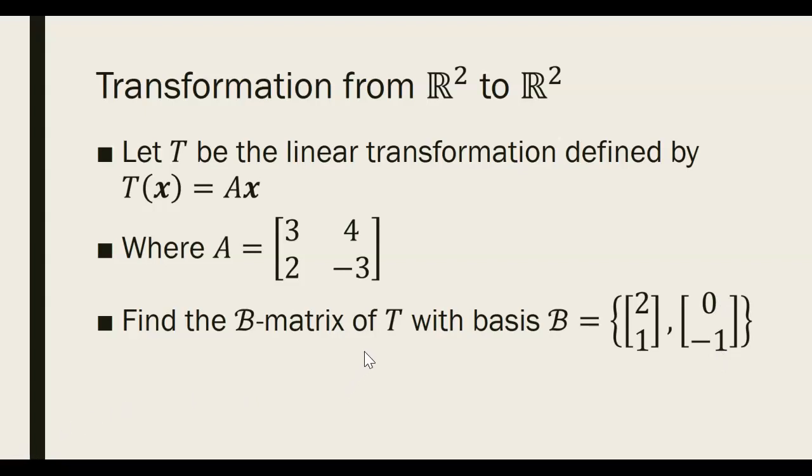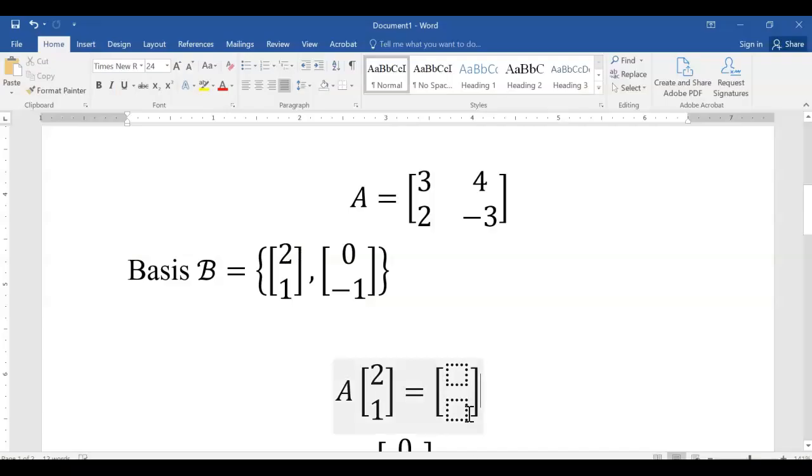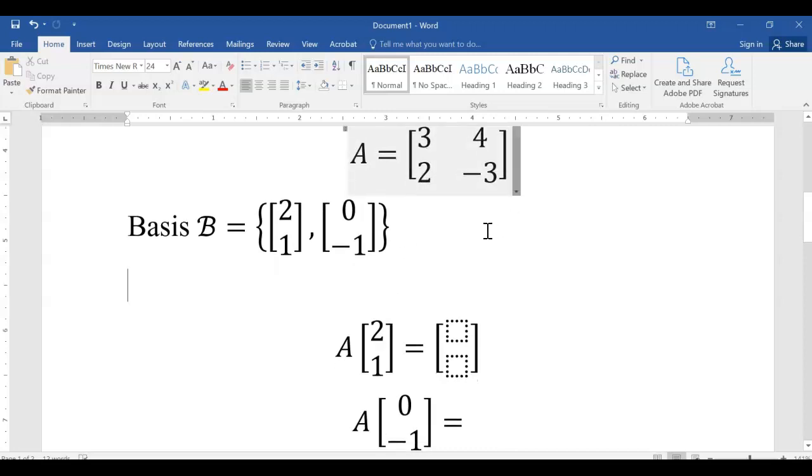All right, so let's think through this. What is going to happen to 2, 1, and 0, -1? Take this matrix A. The transformation is defined by just multiplying A times any vector. So let's take that matrix 3, 4, 2, -3 and multiply it times the vector 2, 1. 3 times 2 is 6, plus 4 times 1 is 4, so 6 plus 4 is 10.